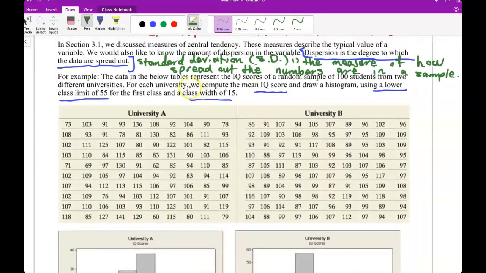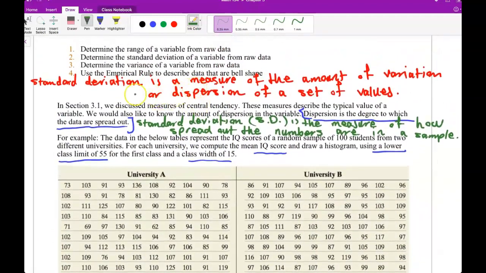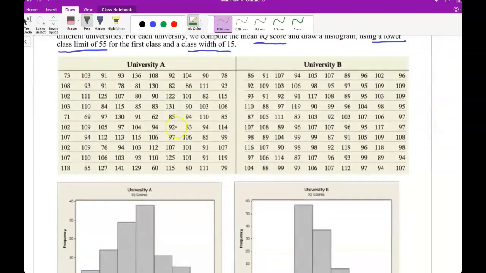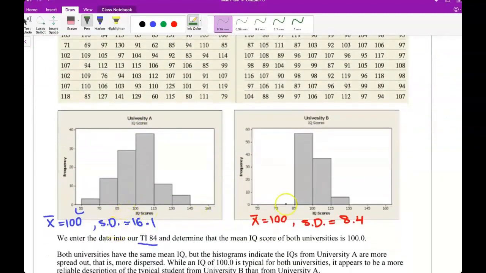Based on the definition that we had here, the standard deviation measures the variation or dispersion. Comparing these two, the standard deviation for University A is larger than what we have for University B. What that means is that on this part we have more dispersion, and here we have less.